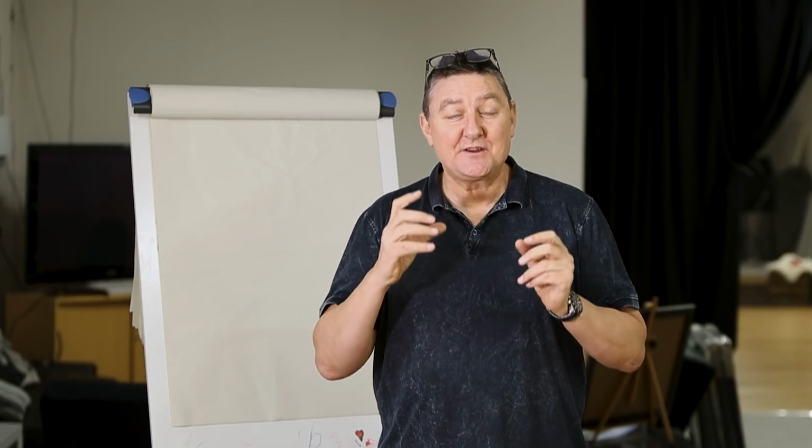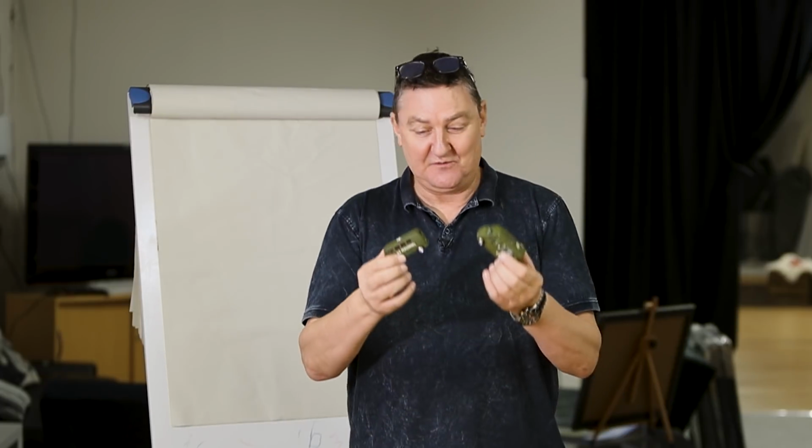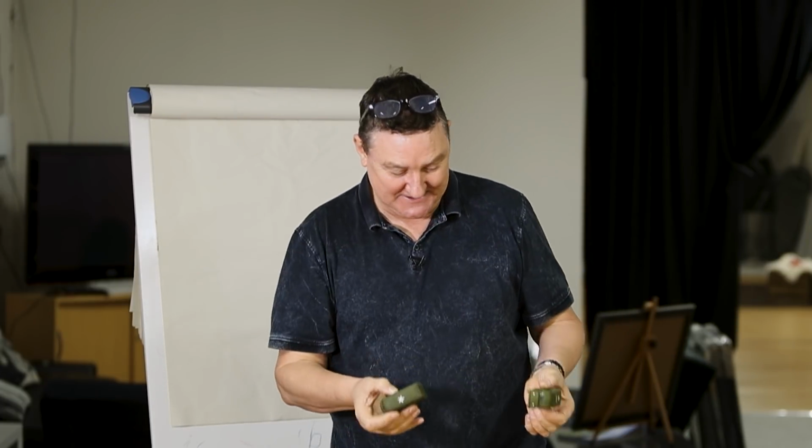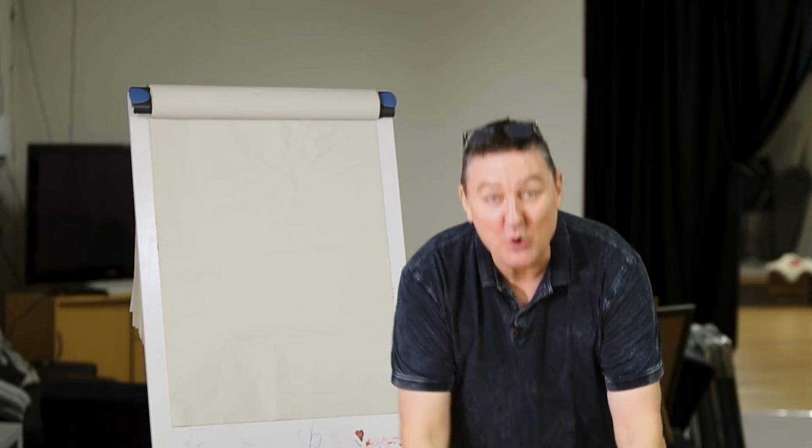Bearing in mind the subject, which is these two fantastic army Corgi vehicles from the 1960s, all originals by the way. They weren't moved, so I didn't move them. Okay, right. So I'll flash the image up and you've got 10 seconds.